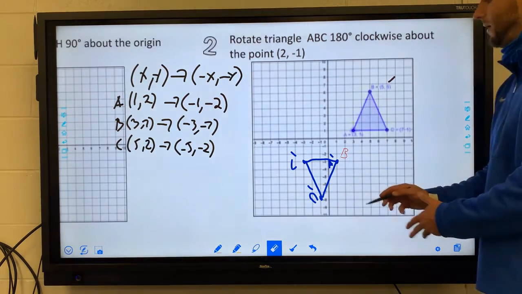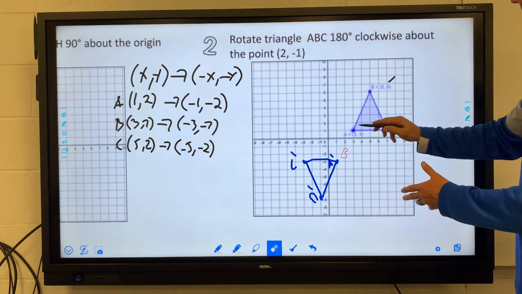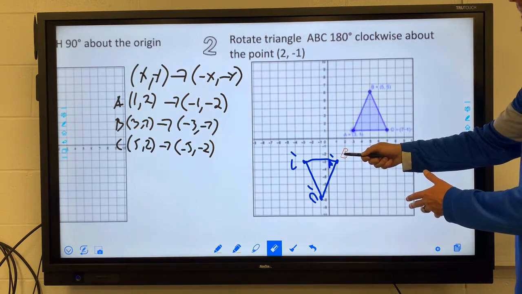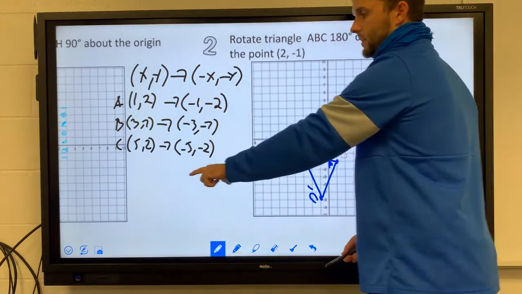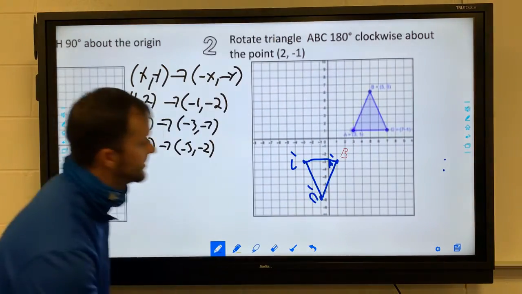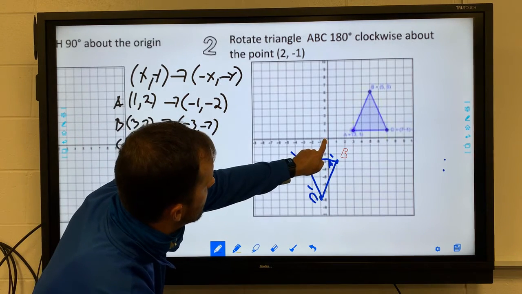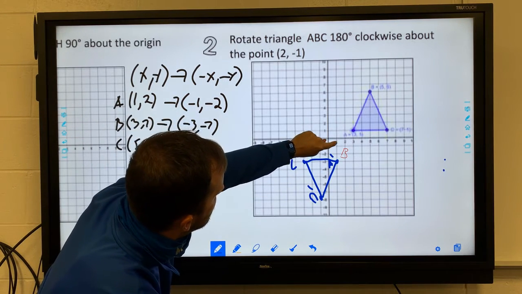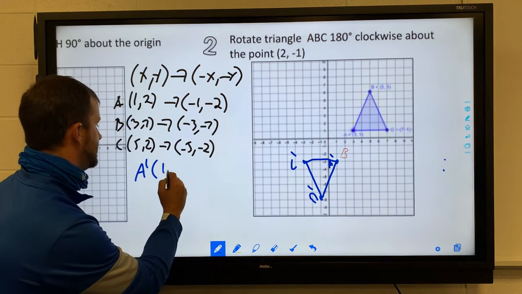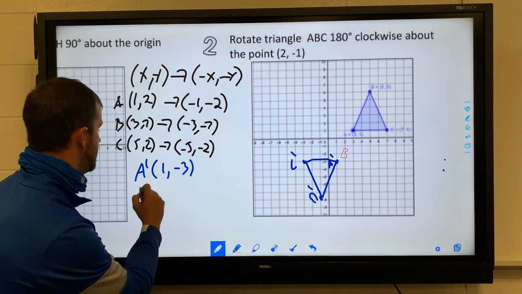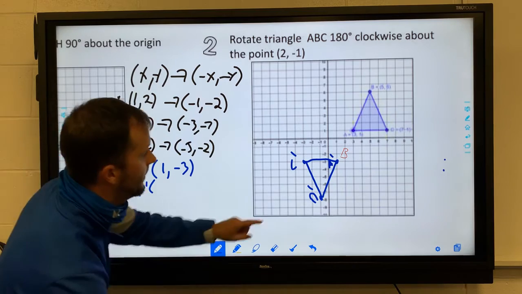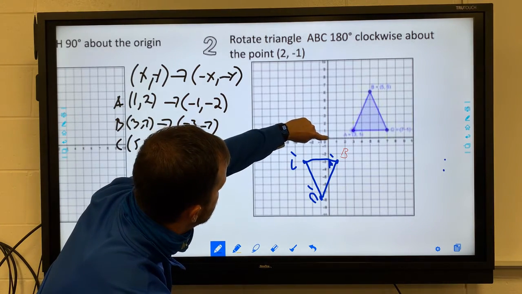So remember, we have to take our point, count it from our origin, which is B, and then find those coordinates. After I plot those, my actual answer for A prime, going from the original origin, is going to be +1, 1, 2, 3. So +1, -3. B prime is going to be down here.